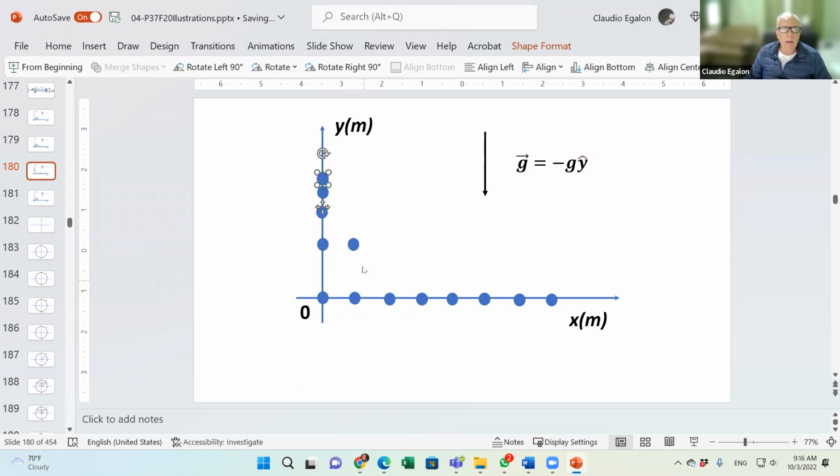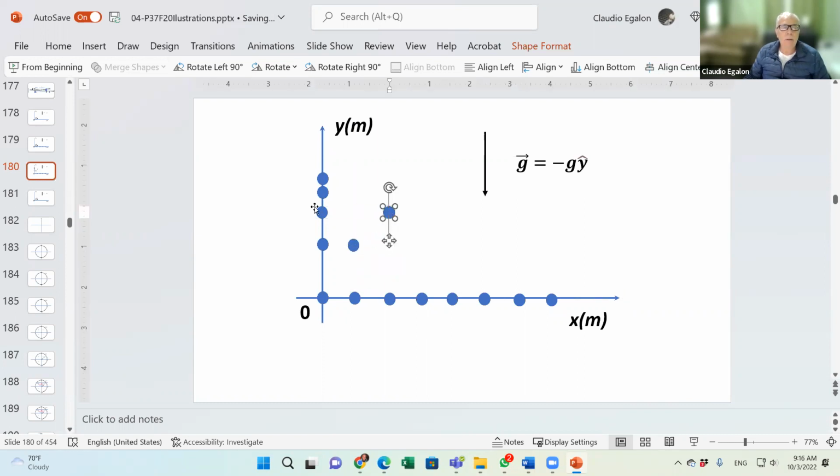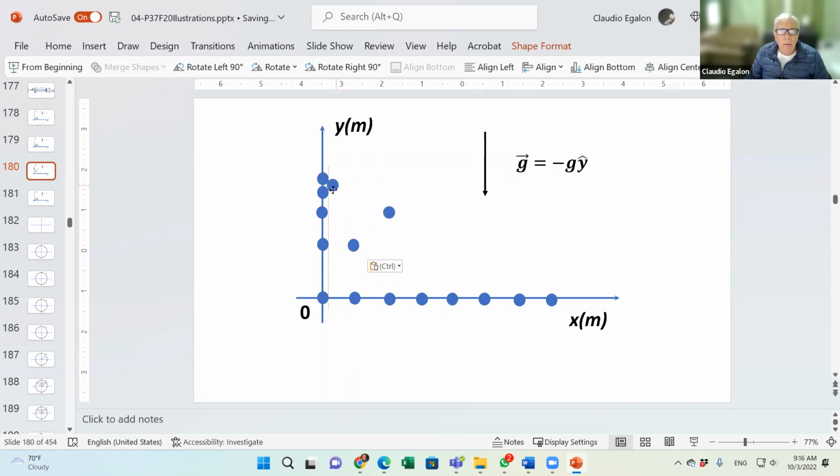A little bit later, this particle is going to be here, corresponding to the y position and the x position. A little bit later, it's going to be somewhere around here.